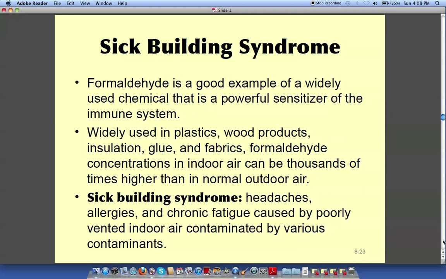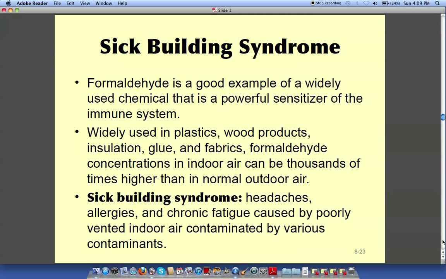This is something that's not that old. Sick building syndrome. A lot of the furniture we get, and the carpeting and the paint, all of these have chemicals in them, and some people are highly sensitive to all of these types of chemicals, and it causes them illness.